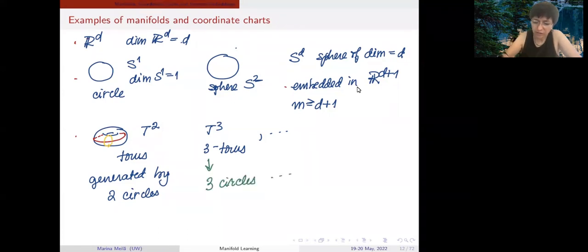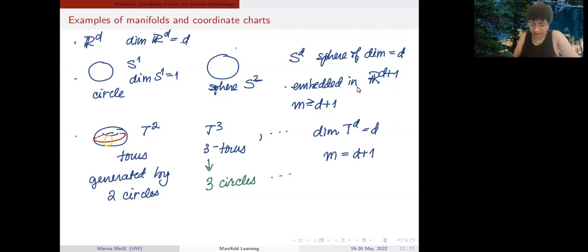So the dimension of the D-torus is also D, and it needs D+1 coordinates to be embedded.